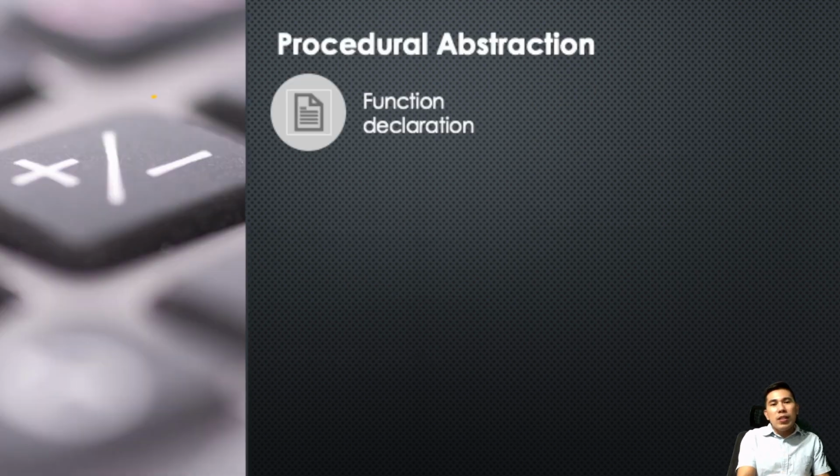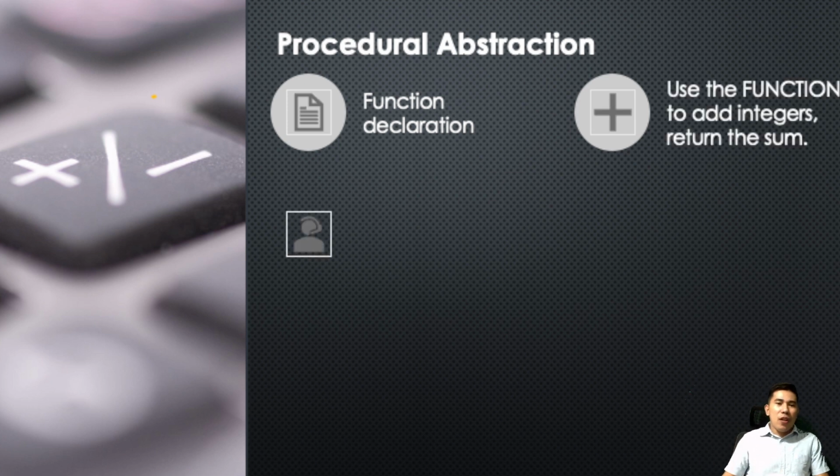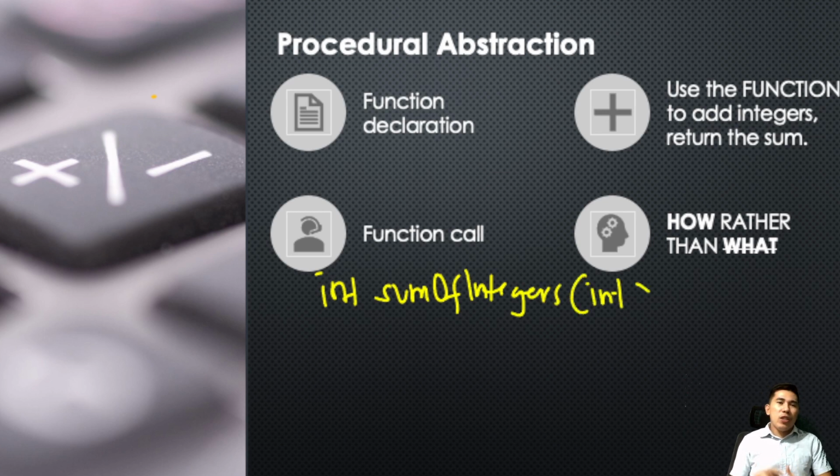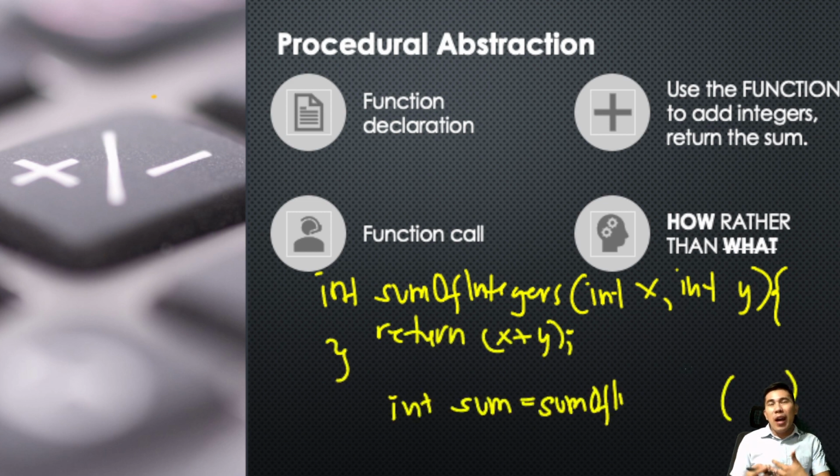So what is procedural abstraction? Let's say for instance we have a method sum of integers which has two arguments, the x and y variables.